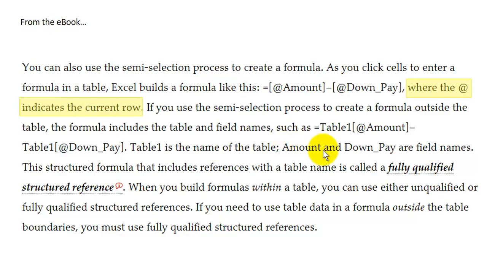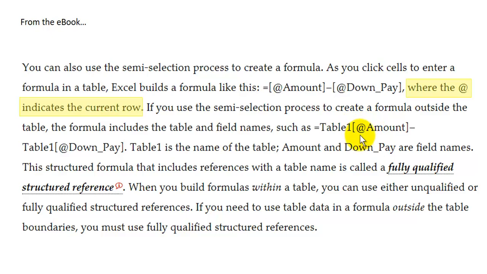Well, in that case, Excel will have to know where the table name goes. So table name, square brackets, because I'm going to talk about my columns. But if I'm going to talk about a specific cell in the column, then I'm going to add this symbol.